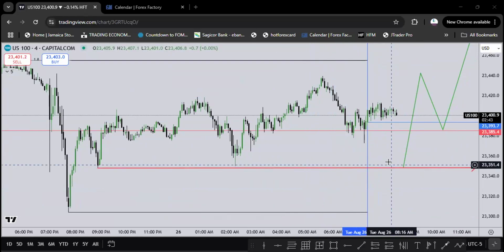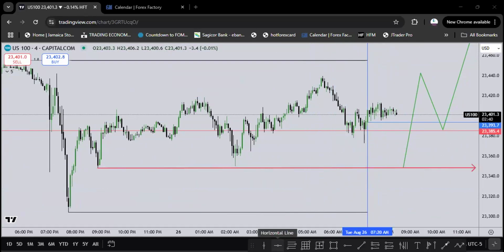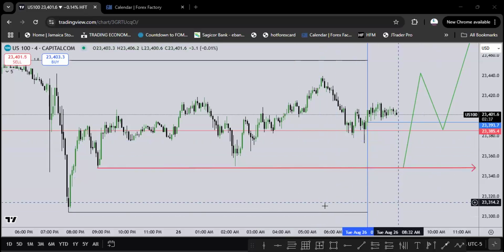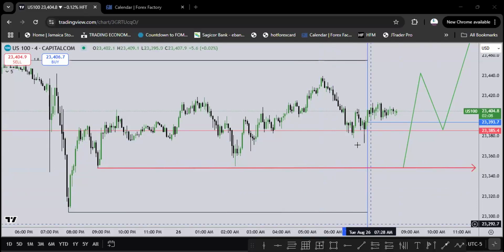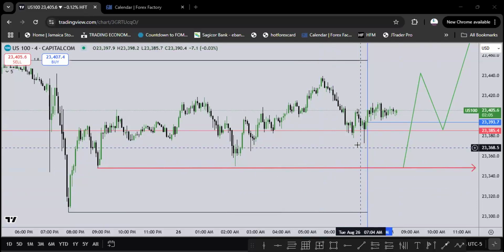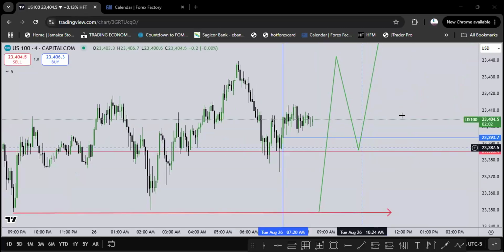Let us see. 40 seconds to go. Bam. Where's my phone? Keep that thing on me. Really doesn't matter whichever way it goes, since the ideal entry is going to be on a retracement anyway.